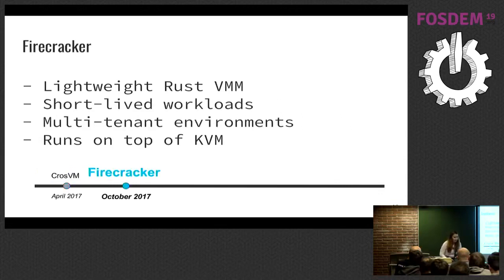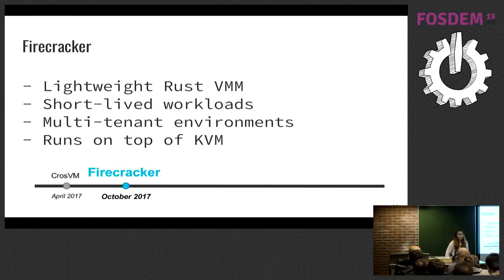Moving a bit in time, about more than 1 year ago, we decided to build Firecracker. We also wanted a lightweight VMM that can boot very fast and that has a low memory footprint, because we want to build Firecracker for short-lived and multi-tenant workloads.